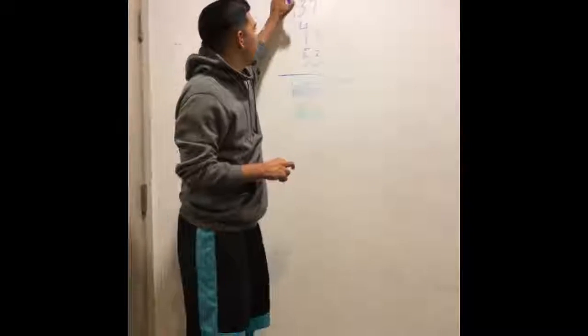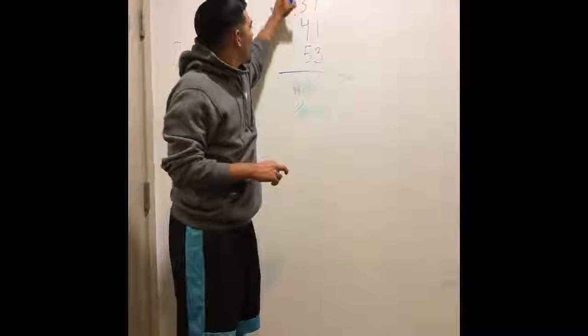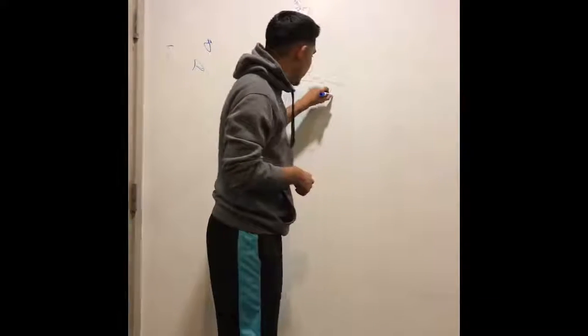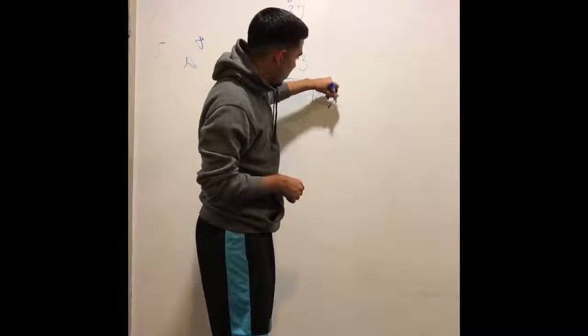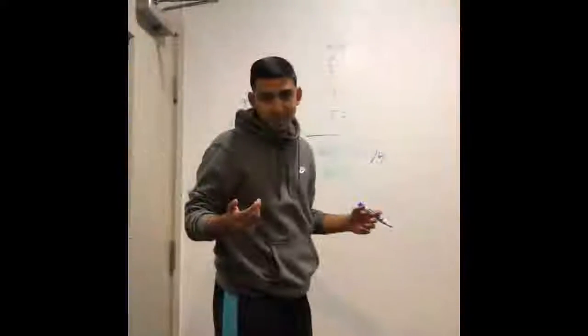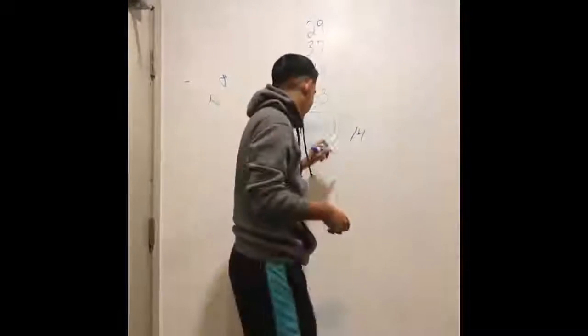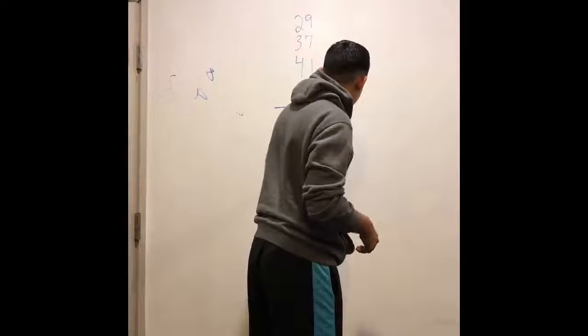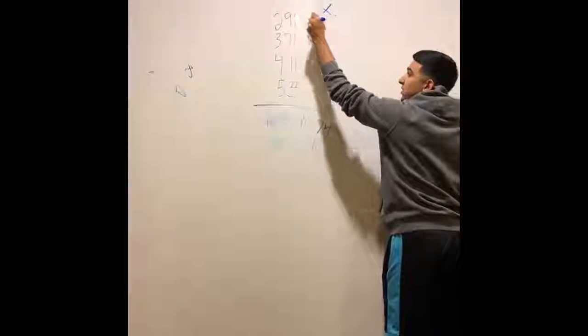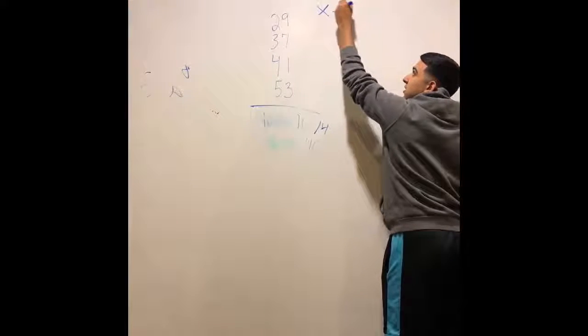So these are our 4 samples. Add these all up, what do they equal? The grand total is 160. So you get 160, then you divide that by 4. What do you get? 40. So after you get the 40, I want you to do the x, which is this number, minus the mean.